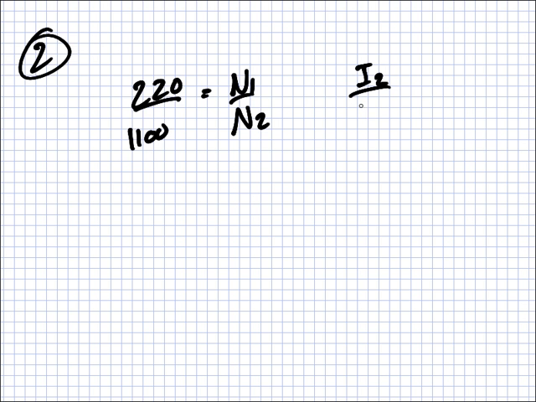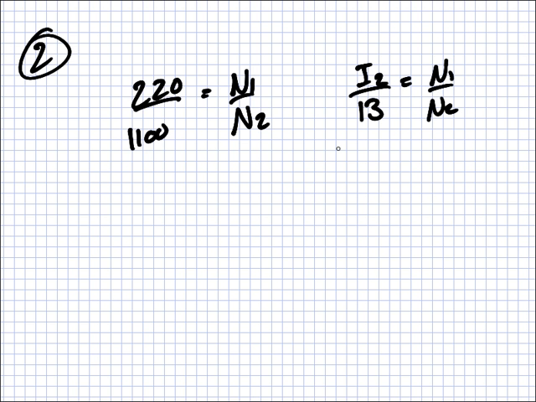Okay, so we have the formula V1 over V2 equals N1 over N2. You also have the formula that I2 over I1 equals N1 over N2.